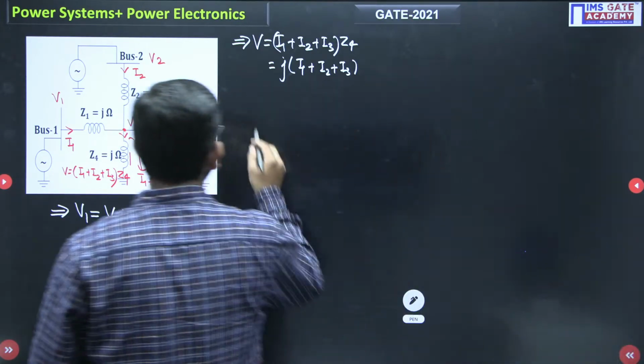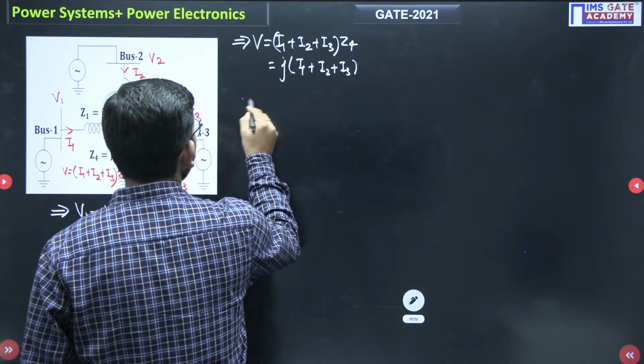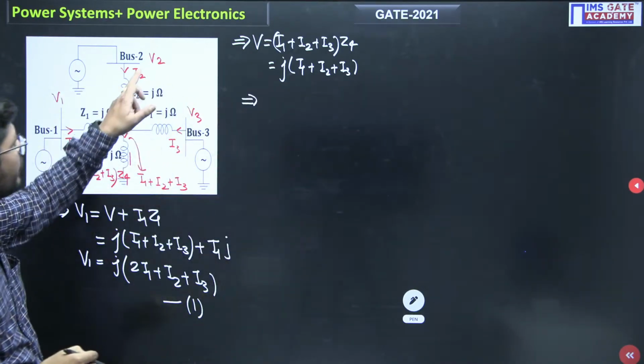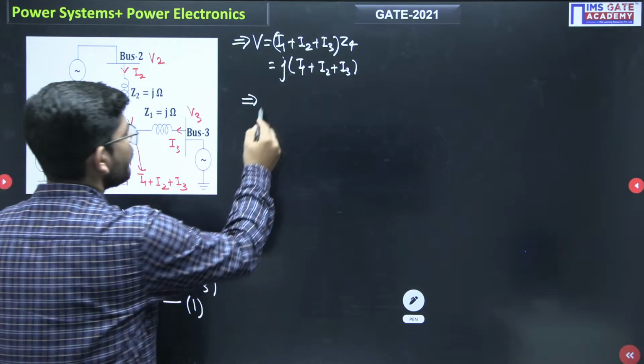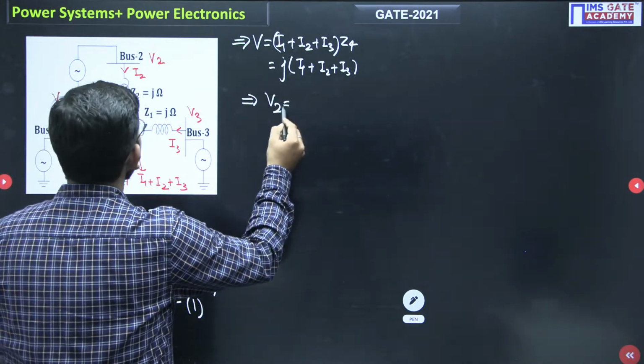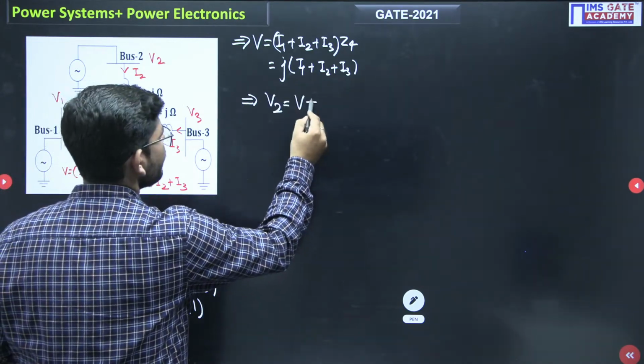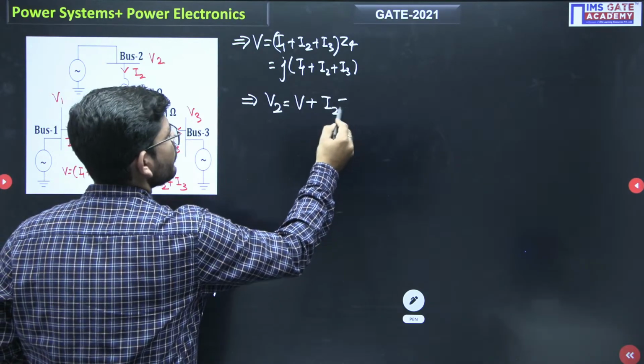Similarly, what will be the voltage V2? V2 will be V plus I2 into Z2.